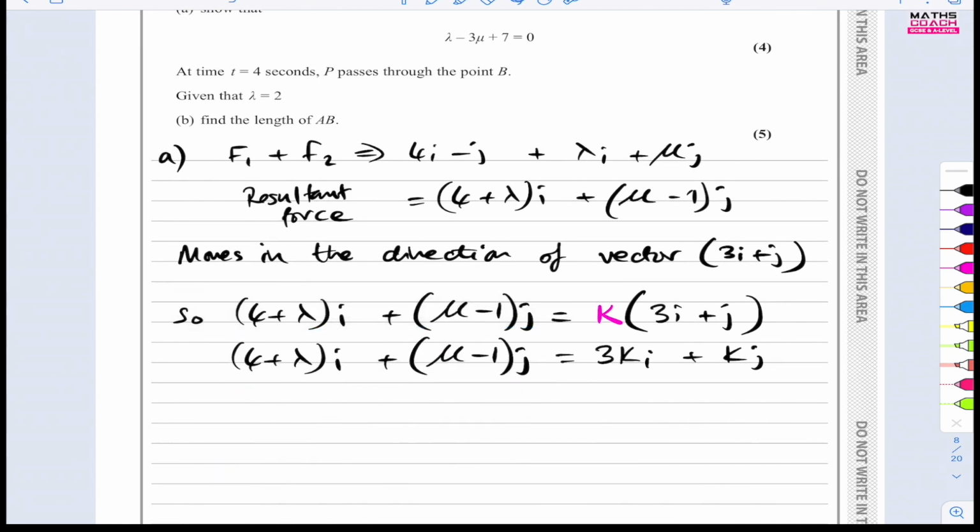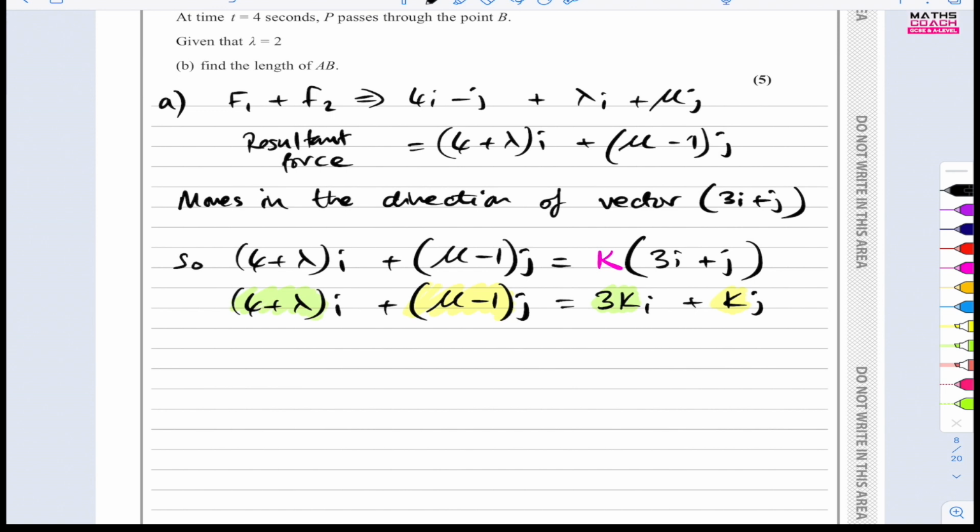What does that mean? That means that this i is going to be equal to that i, and this j is going to be equal to that j. So we can set up some equations like this. We can say 4 plus lambda is equal to 3k and mu minus 1 is equal to k.